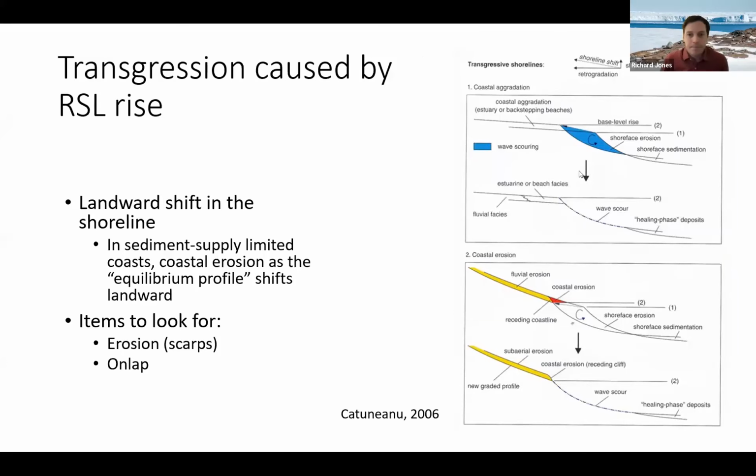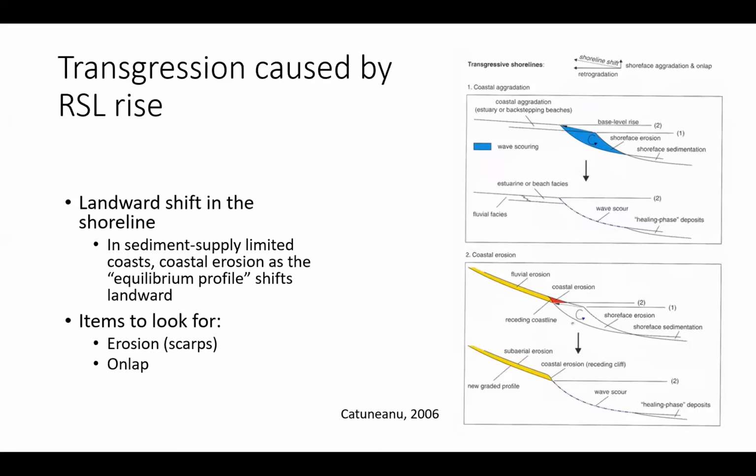Okay, excellent. So the question is how to explain the process of why a sea level rise or transgression would cause erosion. And this kind of gets back to something that maybe works, maybe doesn't. There's this thing called the Bruun rule, which is that the coastline has this kind of equilibrium.